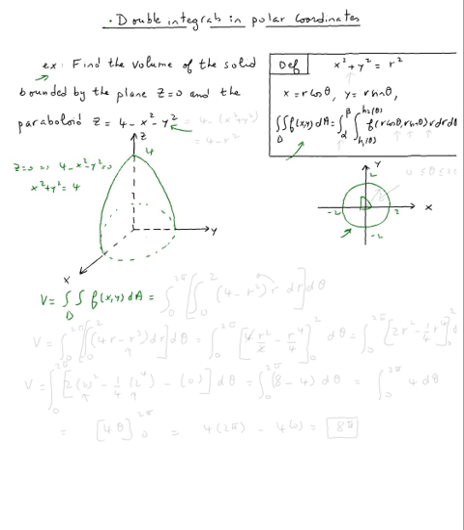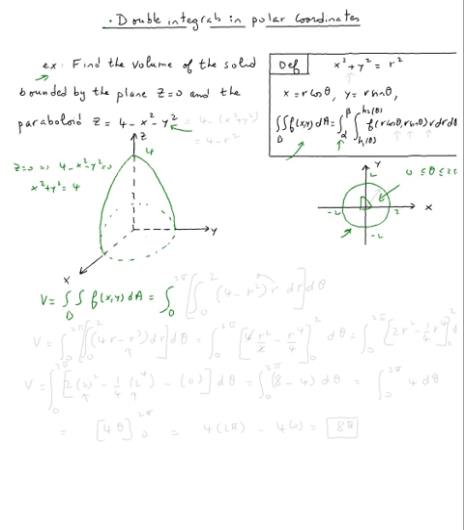Volume will be just the double integral over D of f of x y dA, because f of x y is above the xy plane. So we want theta to go from alpha to beta, so theta here will have to go from 0 to 2 pi.